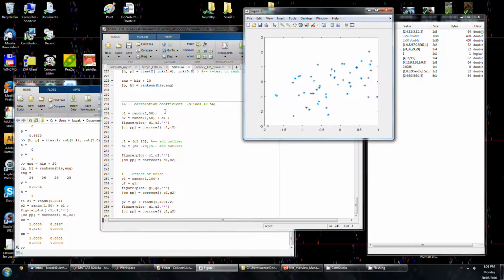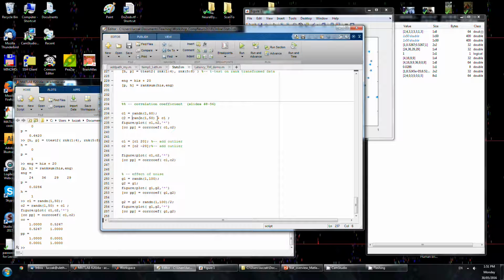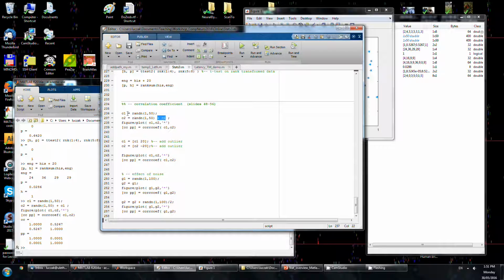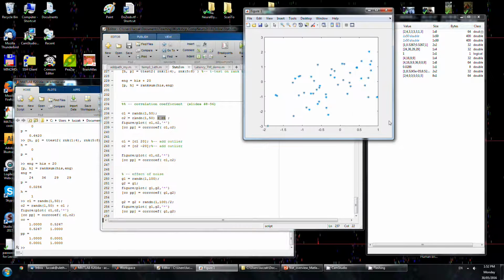Basically, the first variable has some random Gaussian distribution, and the second variable is the first variable plus some random noise. So the second vector is not a random vector, it is rather the first vector with some noise.